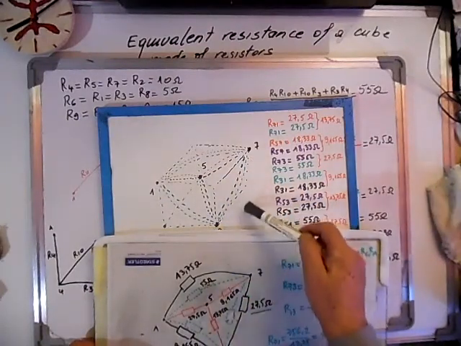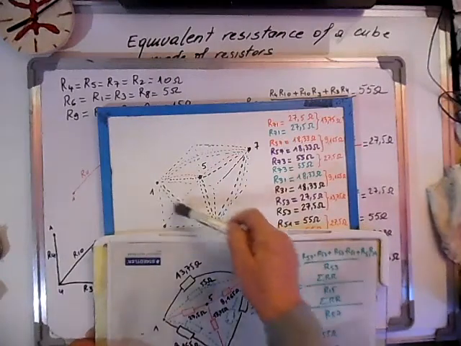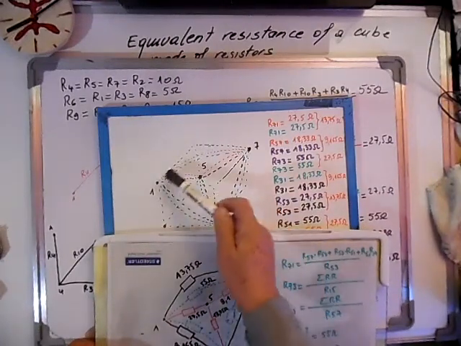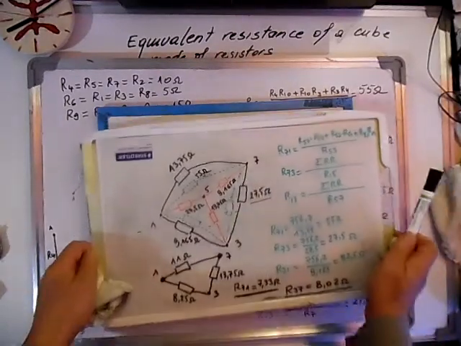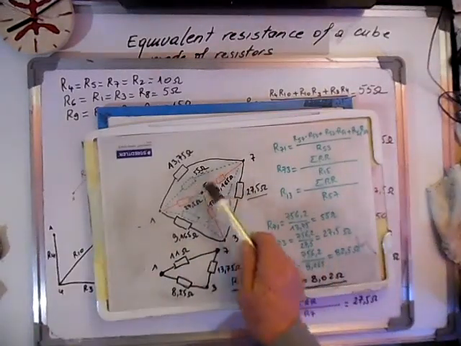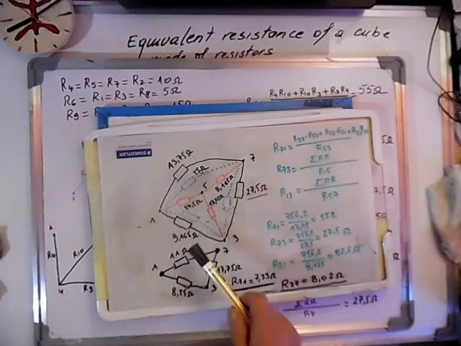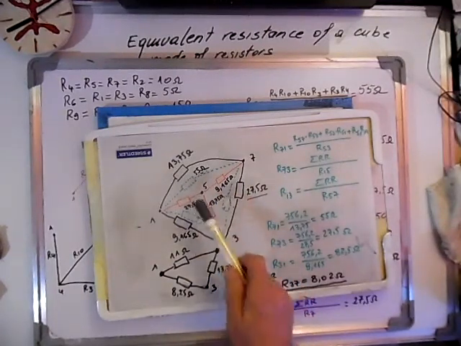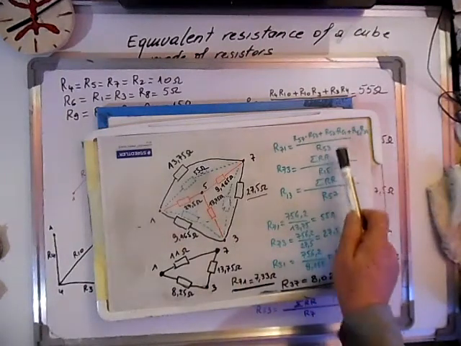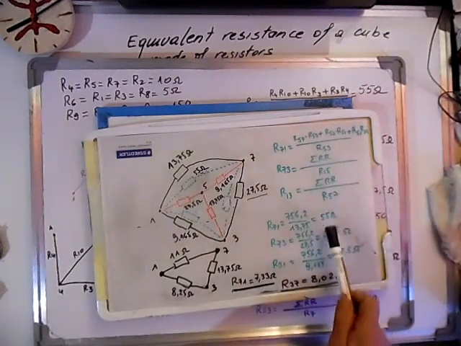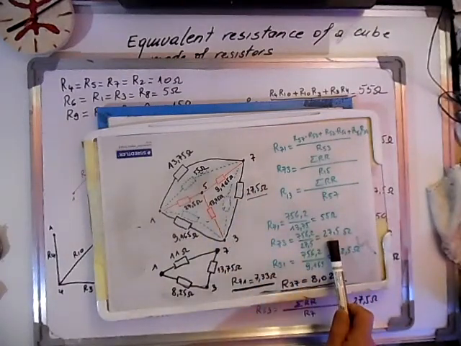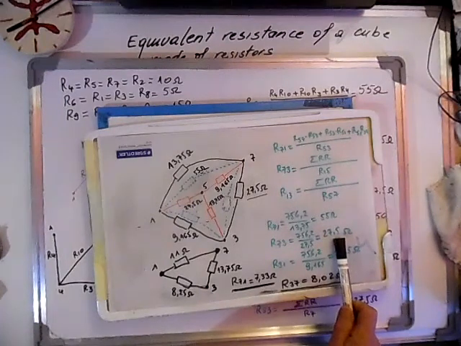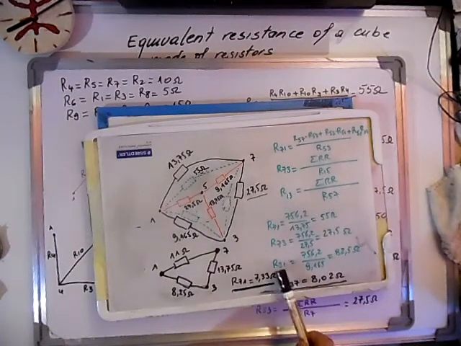Here 27.5. Here we have 9.165, and here we have 13.75. Now we have to transform this one into delta, which is the green, and we calculate these values with these formulas. And we have 55 here, 7-3 we have 27.5, and 3-1 we have 82.5.